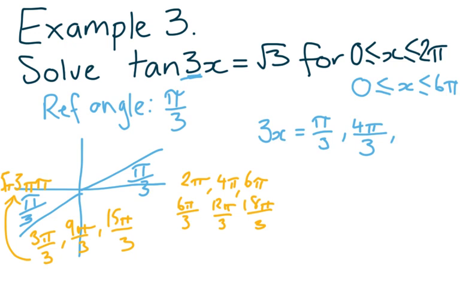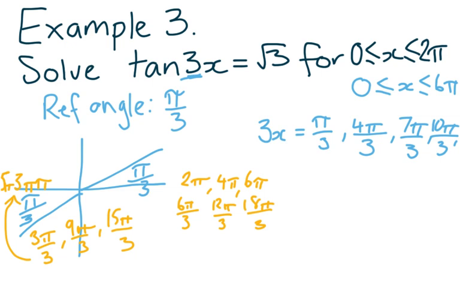If we then go around again, we would be at 6 pi on 3, and if we're adding pi on 3, we would get 7 pi on 3. And then if we go around to the third quadrant again, we would have 9 pi on 3 plus pi on 3, which gives us 10 pi on 3. So that's the second revolution done.